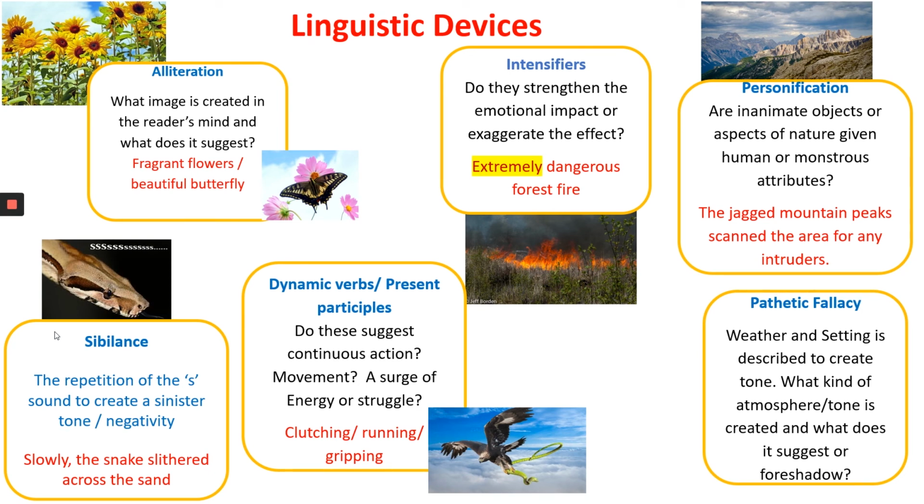As we have in Macbeth, when the witches met at the beginning and they said, "When shall we three meet again? In thunder, lightning, or in rain?" Straight away, thunder, lightning, and rain is an example of pathetic fallacy, as it sets the tone, it creates setting.